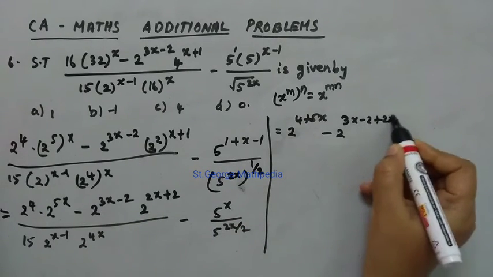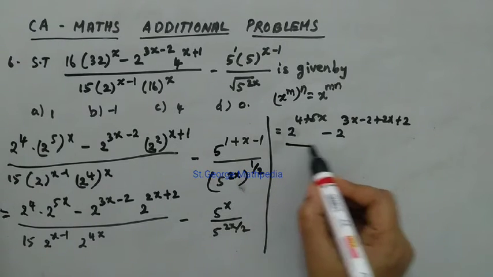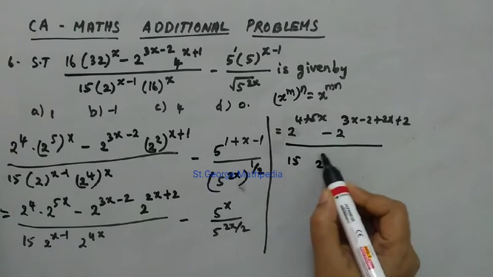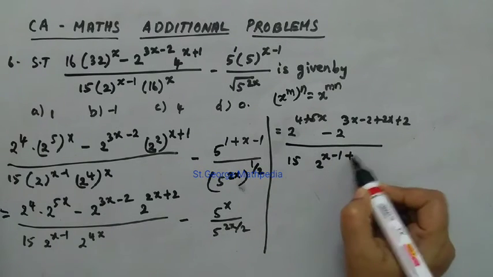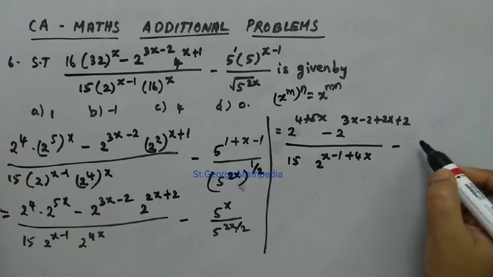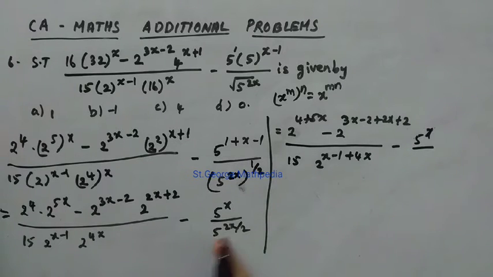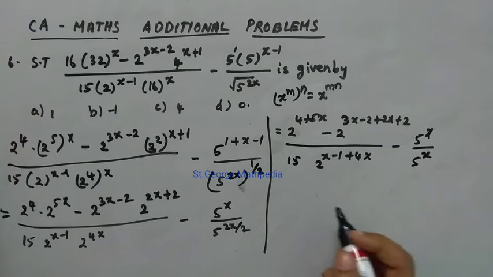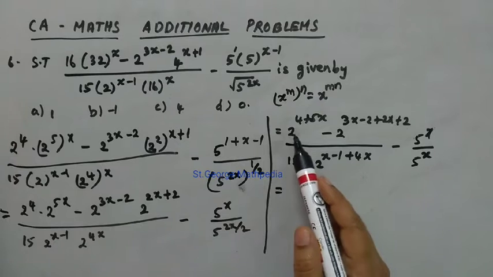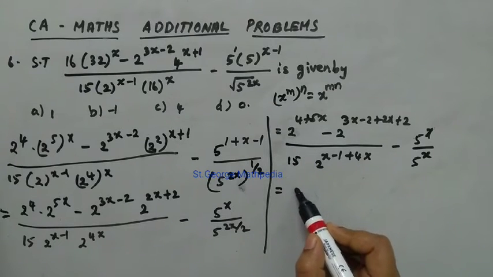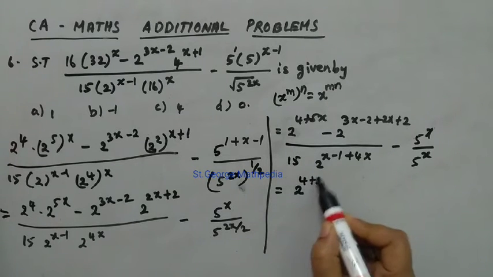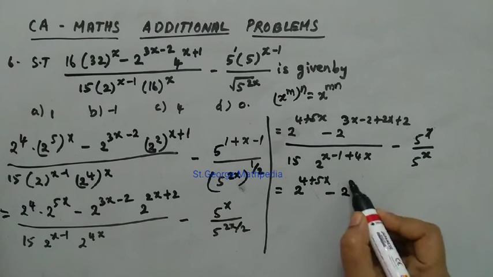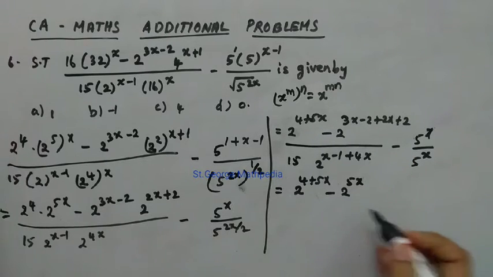Divided by 15 into 2 to the power of x minus 1 plus 4x, minus 5 power x divided by 5 to the power of 2x by 2 is x. 5 power x by 5 power x, that is equal to, now here this is 2 to the power 4 plus 5x minus 2 to the power of 3x plus 2x is 5x, minus 2 plus 2 gets cancelled.